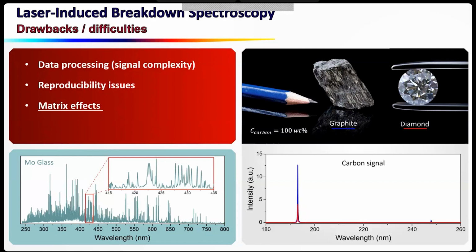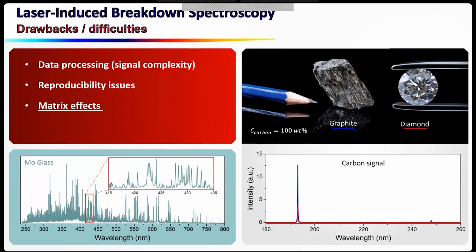And I think you can easily understand that it will be much more difficult to produce a plasma from diamond than from graphite. With these two materials, you will have a different carbon emission, while they are both 100% carbon. So we have matrix effects.